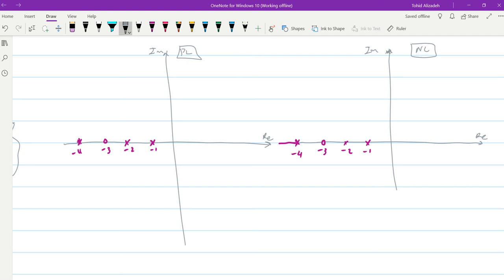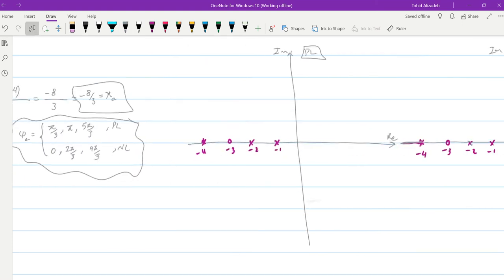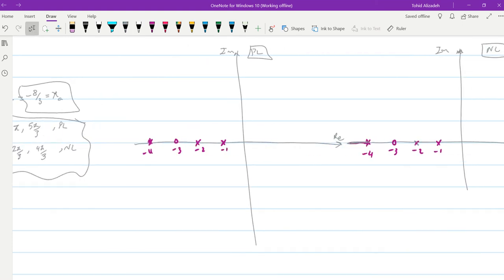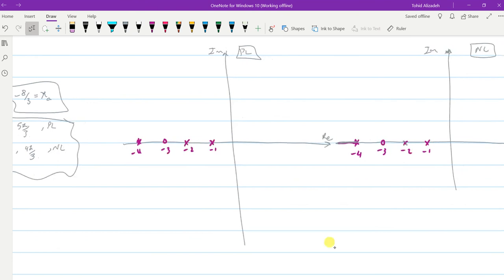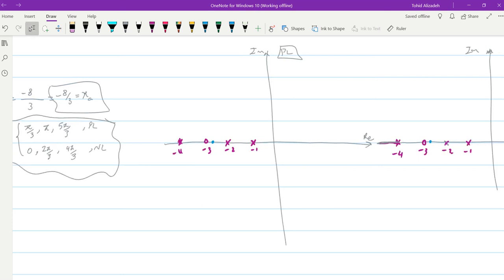We can now draw the asymptotes for this system. Let me use the blue color. We have the point of abscissa, which is minus 8 over 3, or minus 2.66. It will be somewhere here. For the positive locus, the angles are pi over 3, pi, and 5 pi over 3.